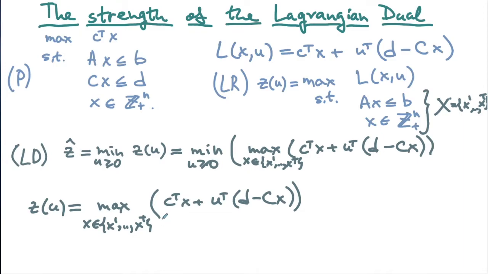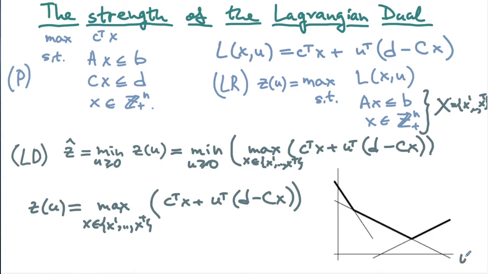Alright, so if you want to plot this function z of u, it will look as follows. You have u here, z of u here, and you have a pointwise maximum of a finite set of linear functions. So this is essentially a piecewise linear convex function, and this is what we want to minimize in our Lagrangian dual.